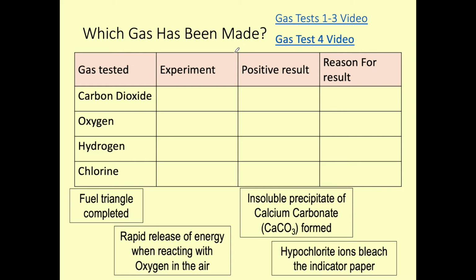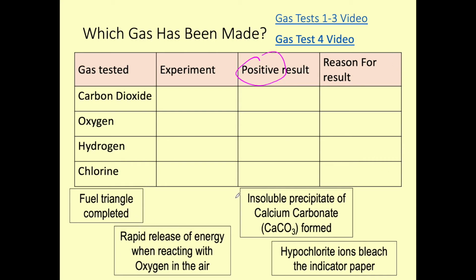Okay, so there are two videos for you to watch in order to see how we carry out these different experiments to test for these four gases that we've just been looking at. So on your worksheet there is a table for you to fill in, listing the experiment from the video, the positive result, so by that we mean what happens in that experiment to confirm that it was that gas present, and then the reason for the result.